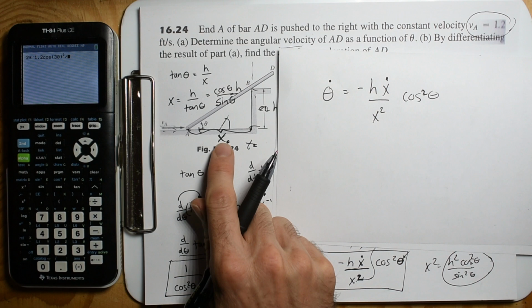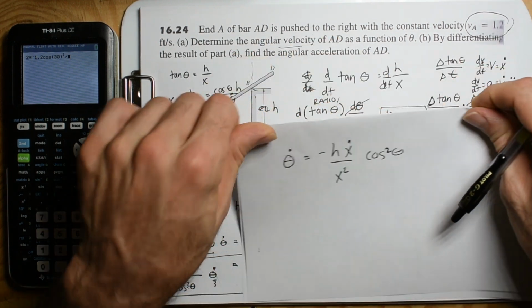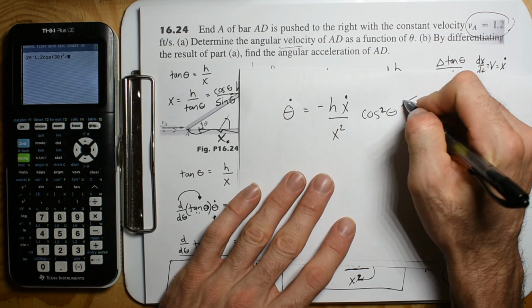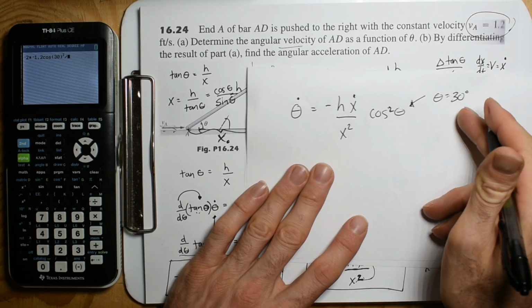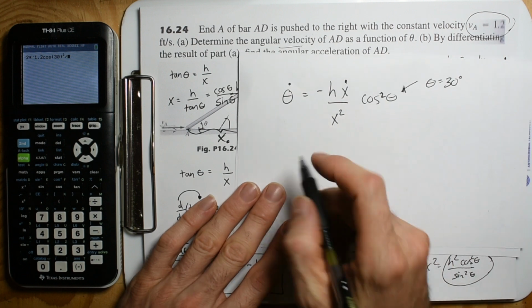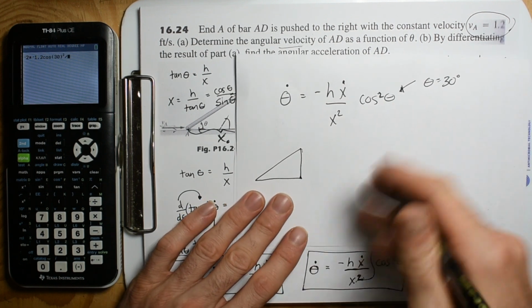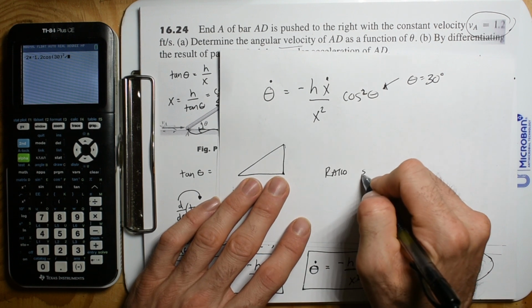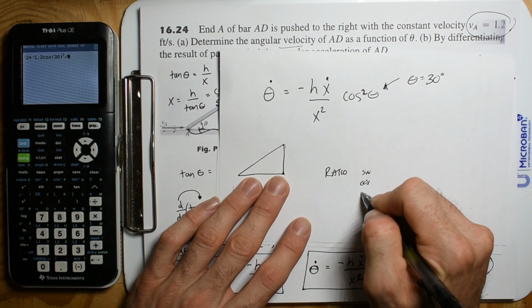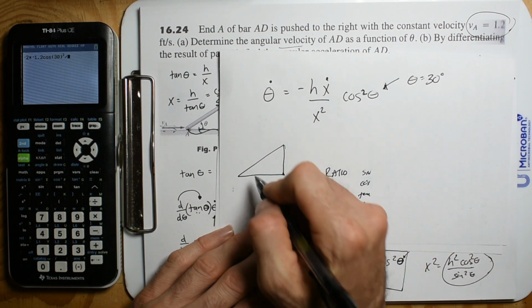But here's where you have to be careful. If we throw in theta equal to 30 degrees, that comes down to the principle of what I was talking about. If I have a ratio of sine, cosine, or tangent, it defines the angle.